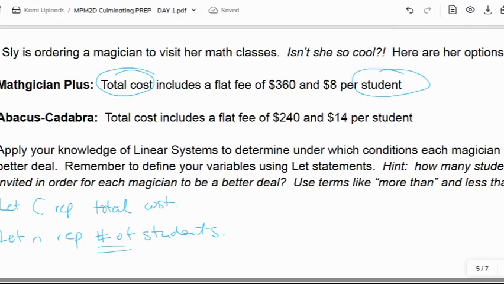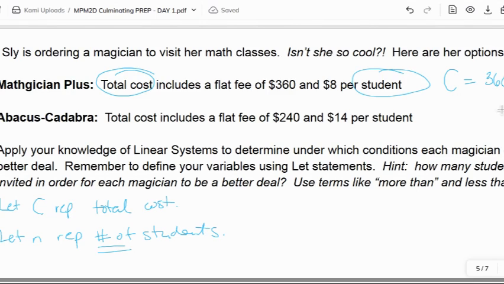Got it? And then you're going to set up your equations. What would be the equation for the mathgician? Well, the total cost equals the flat fee plus $8 per student, so I have to multiply. If I have 10 students, it's going to be 10 times 8.